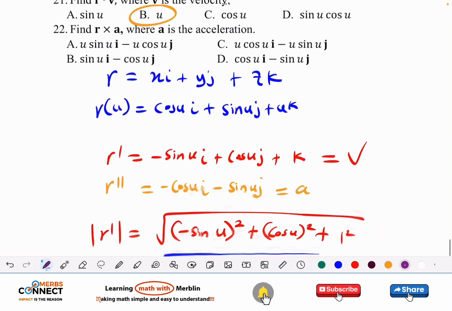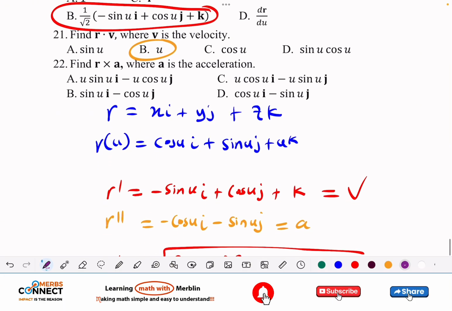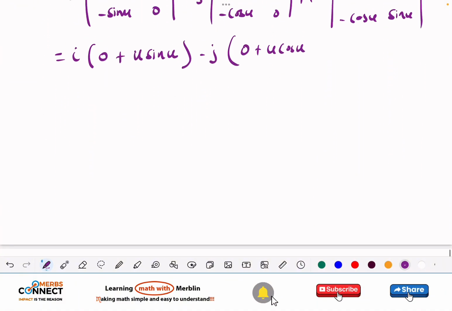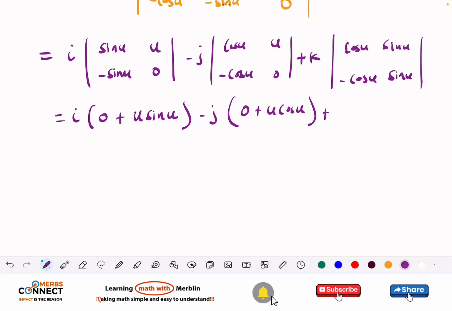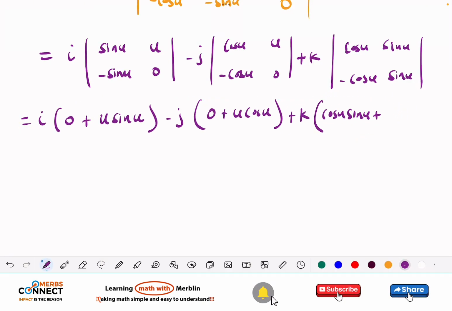What are we using? We are using r and a. Okay, that's right. We are doing it right. Okay, so let's continue. And then plus k, and then this times this is going to give us cos u sin u plus cos u sin u. I hope I'm doing the thing right.